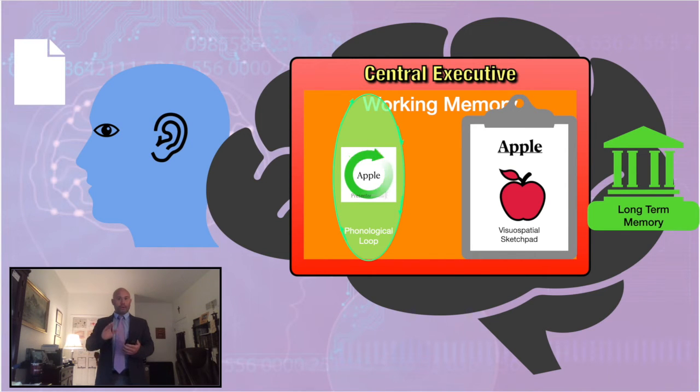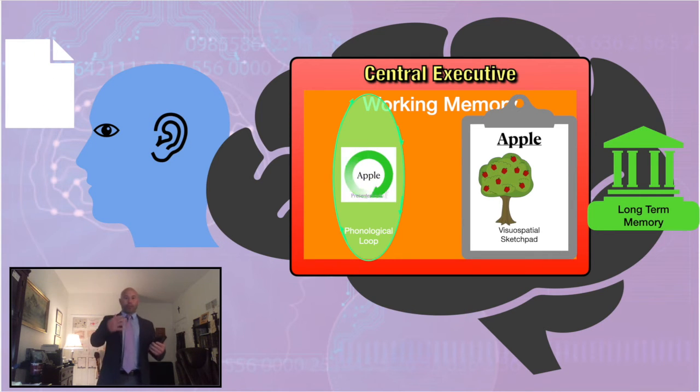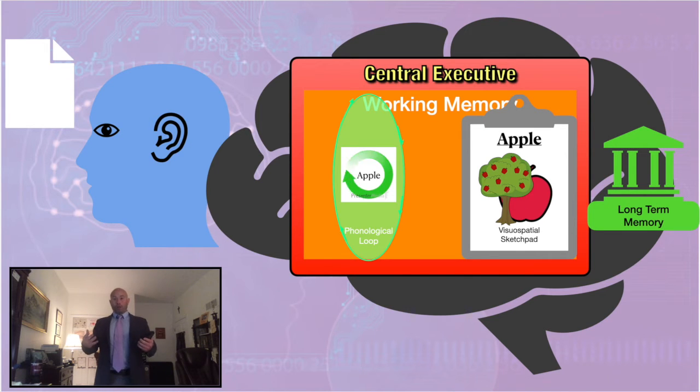So now we're going to take this a little bit further. Now our external source is a word and a picture. Again, we're processing this in both the phonological loop and the visuospatial sketchpad. But also, we're adding more information from long-term memory.